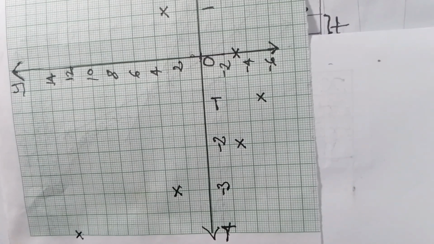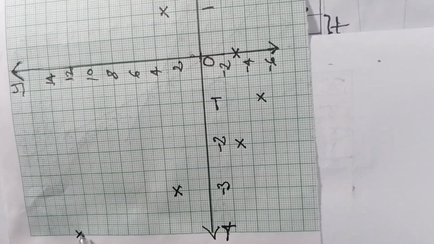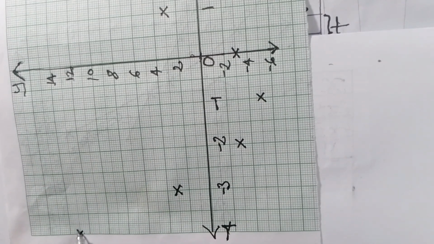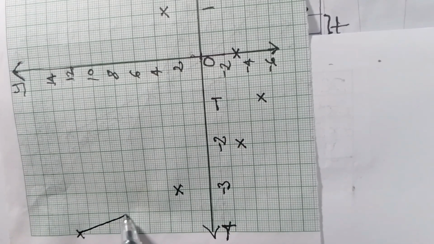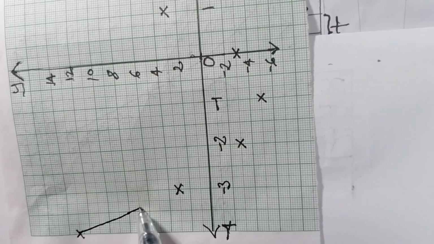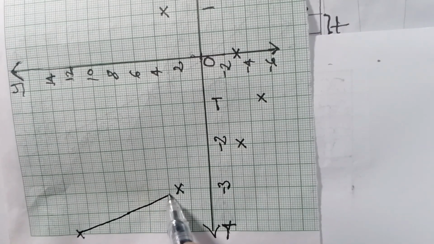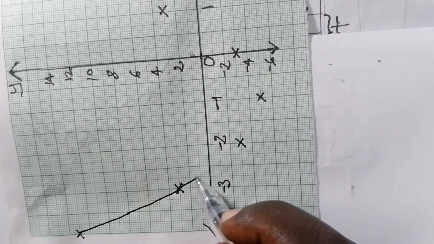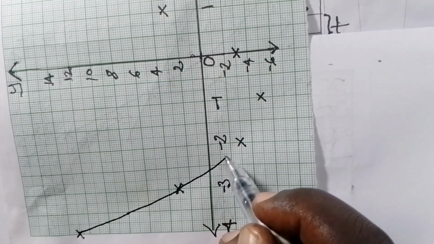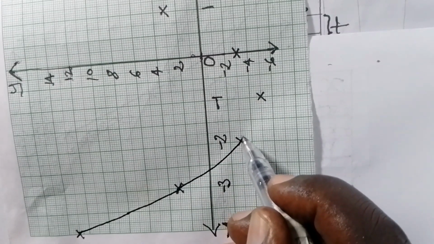So here we just use our free hand to do this, and we can go through this exercise together. I'm starting from that point. You can as well be doing this on your graph paper. Join using a smooth curve. Capture all these points as I'm doing, like that.